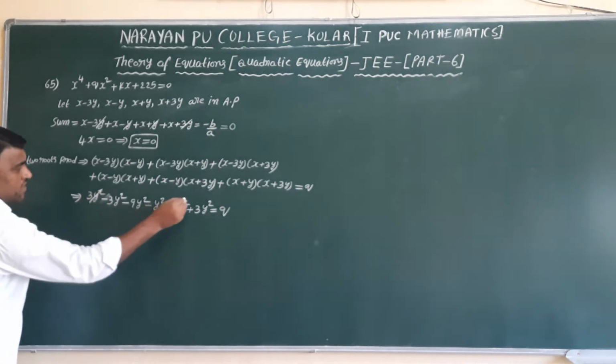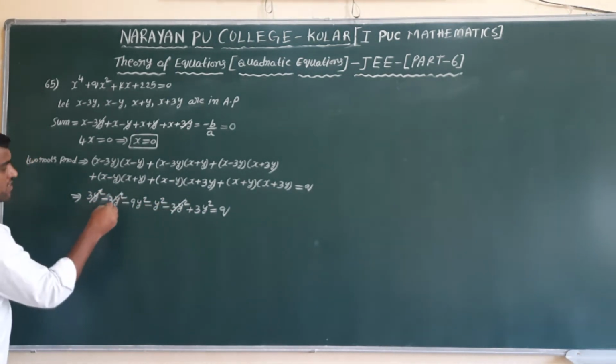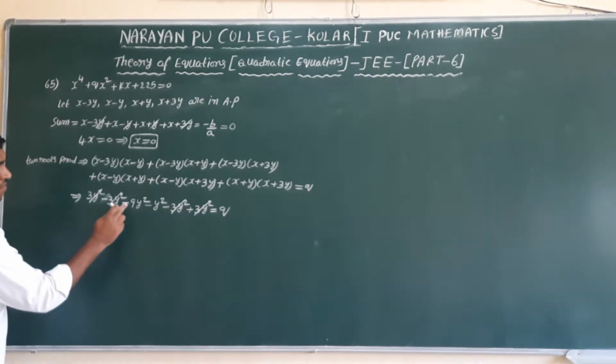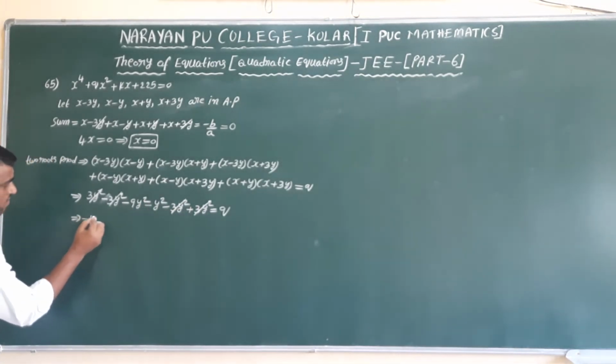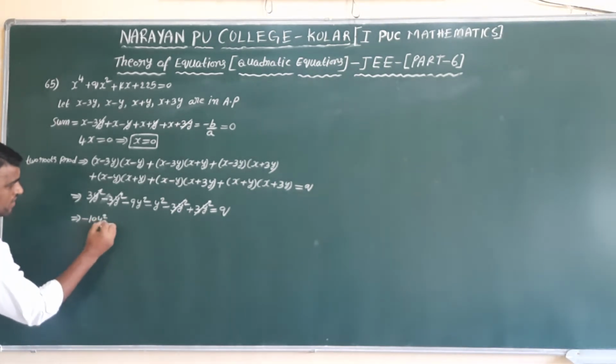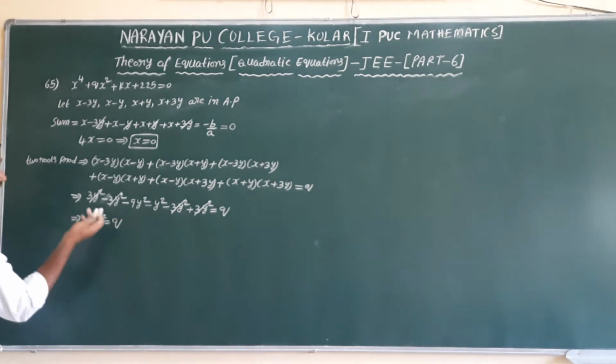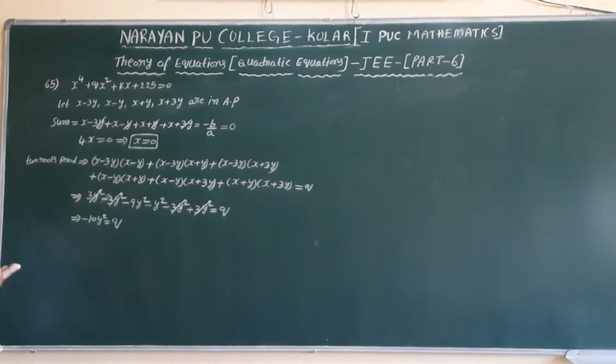Minus 3y square plus 3y square cancelled, minus 3y square plus 3y square cancelled, minus 9y square minus y square gives minus 10y square equal to q. But to get q, y square is required, and we don't know y square.